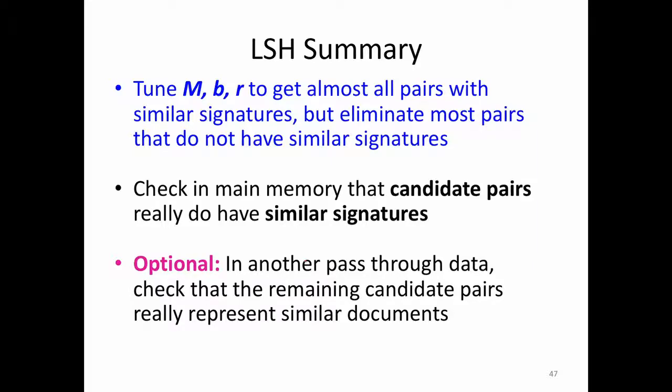Many times you are interested in choosing only a certain number of the closest candidate pairs. You can choose based on a threshold, but many times you are also choosing based on just a rank.